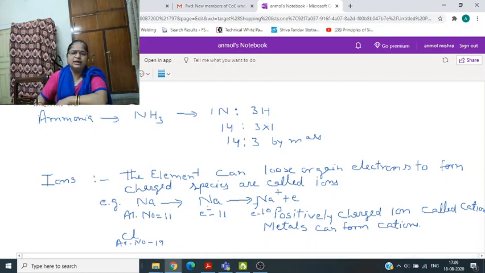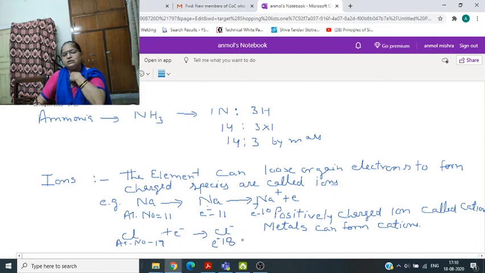Now chlorine has atomic number 17. When it accepts one electron, it will become Cl minus. Now it has accepted one electron, so it will become 18. So the number of electrons here will be 18 and here it is 17.